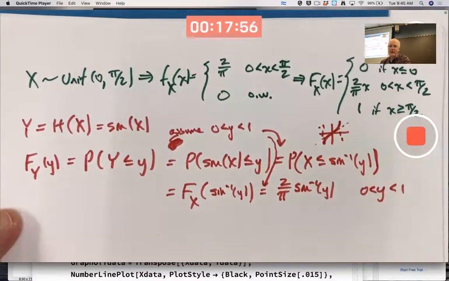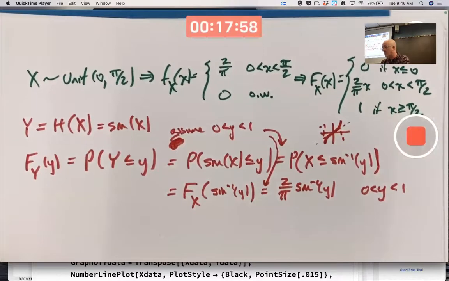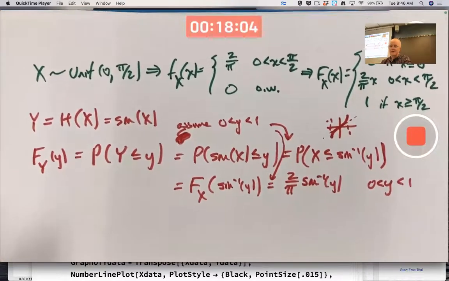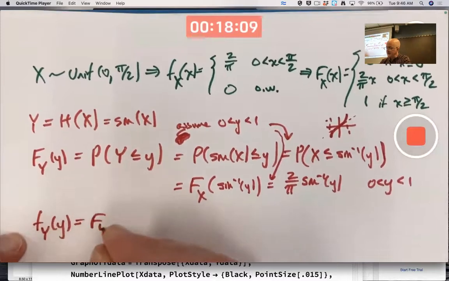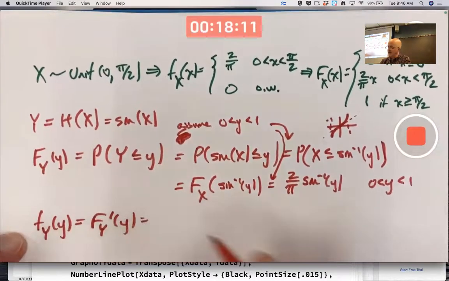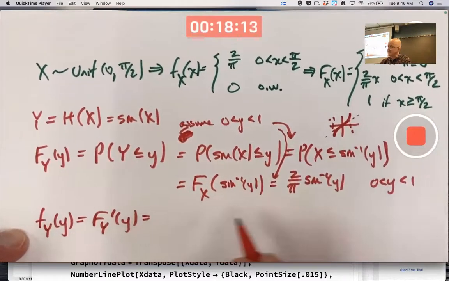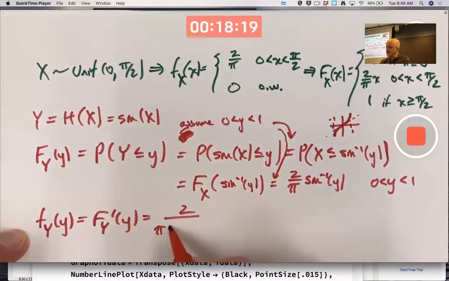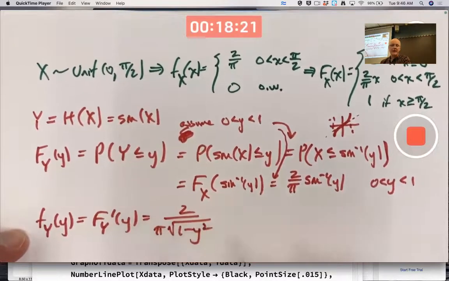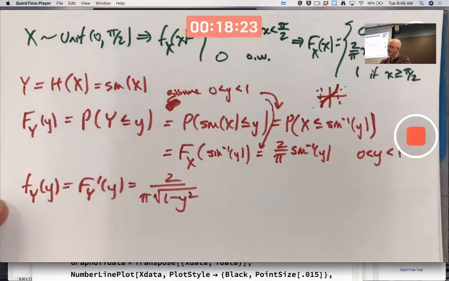It would be 0 when y is less than 0 and 1 when y is greater than or equal to 1. And little f is the derivative of capital F. And going back to your Calc 1 days, take the derivative of inverse sine, you'll get 1 over square root of 1 minus y squared. So you get the answer in the exam. It looks like that.